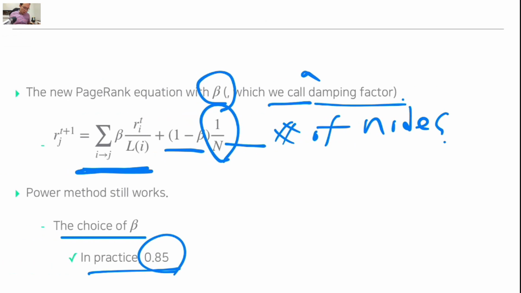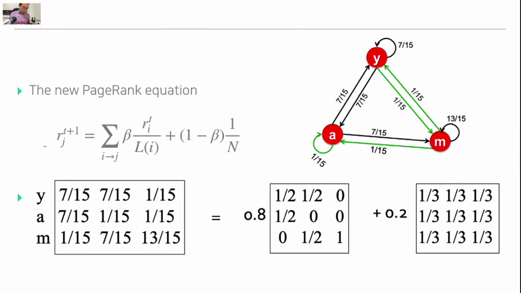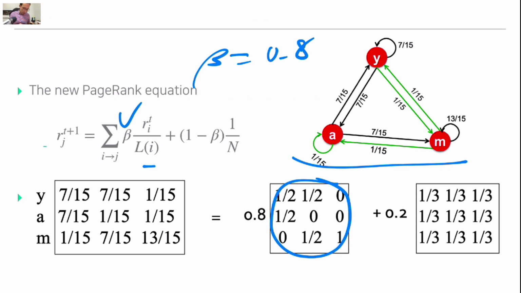All right, so this is the example for this input. Consider this is from our previous computation of the page rank. We assume that the beta is 0.8.